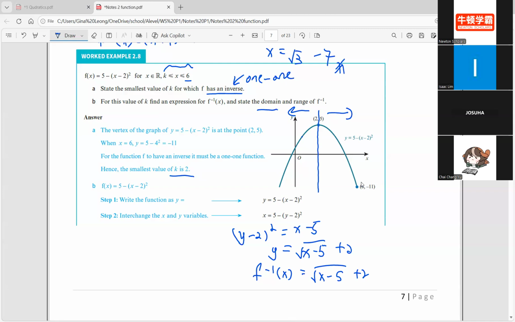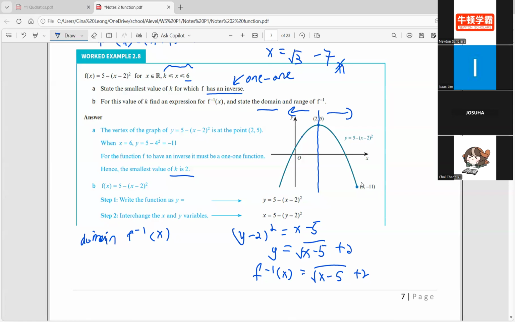It asks you to get the range and the domain, right? So the domain for the inverse, let me see.